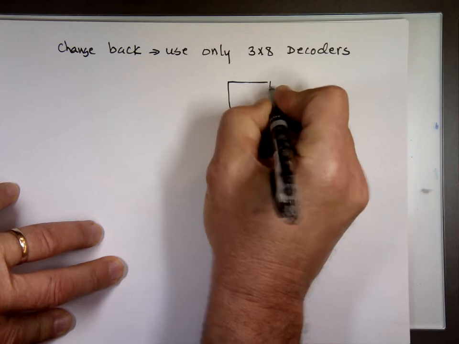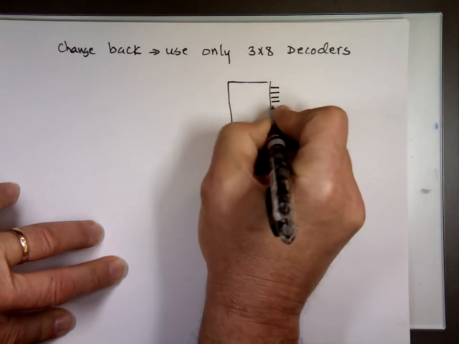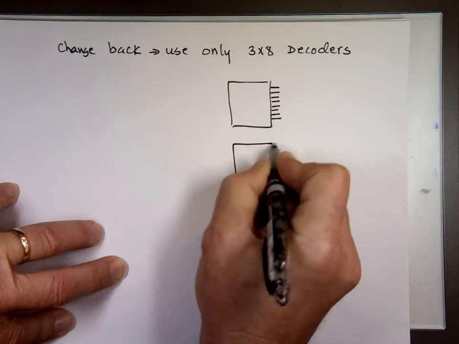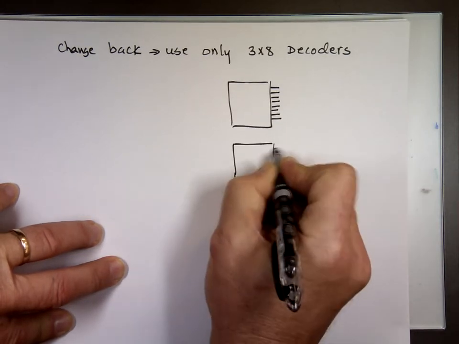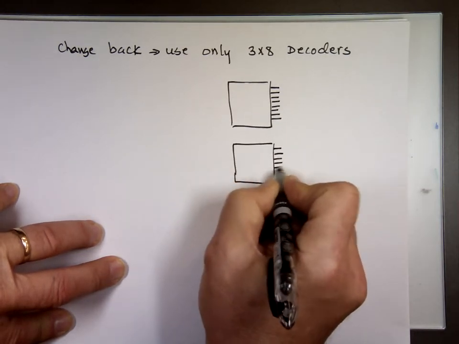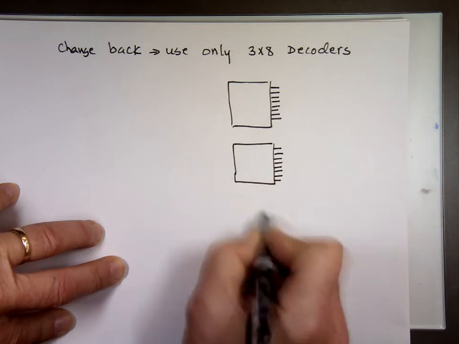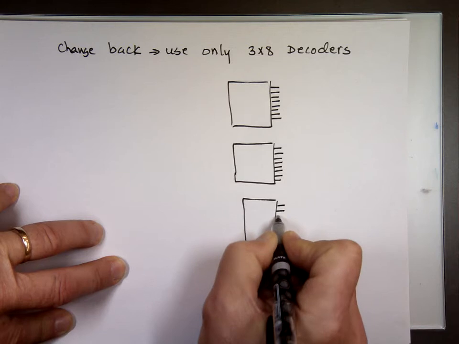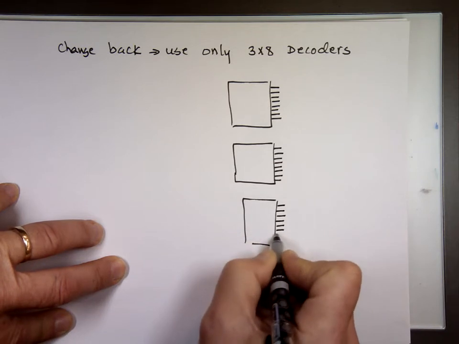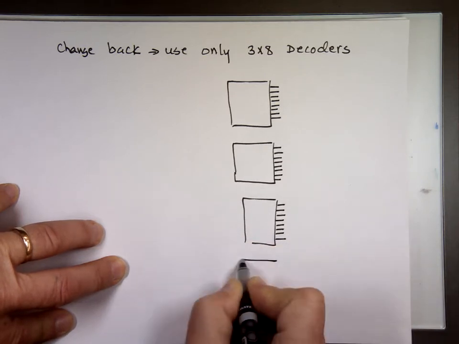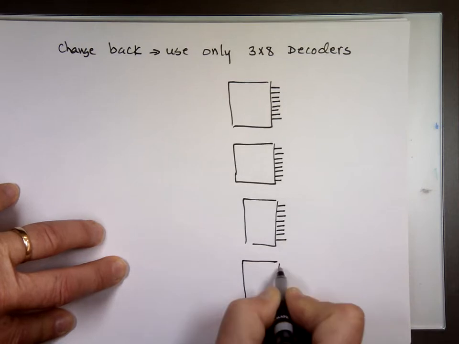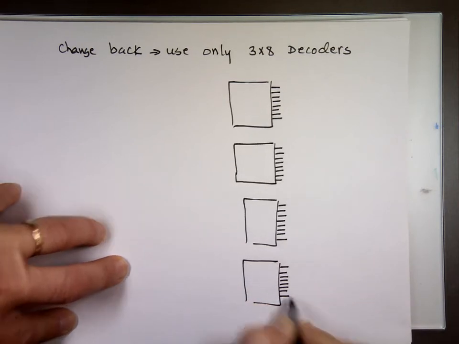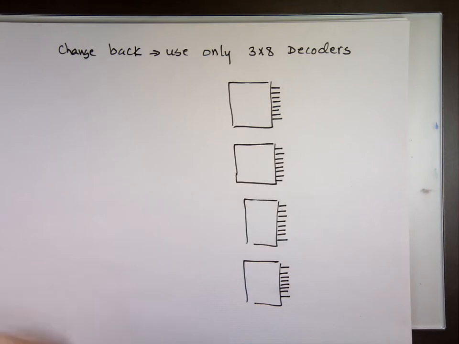1, 2, 3, 4, 5, 6, 7, 8, for each of the four decoders. I have chip enable.